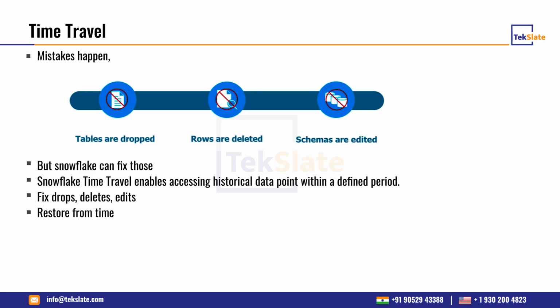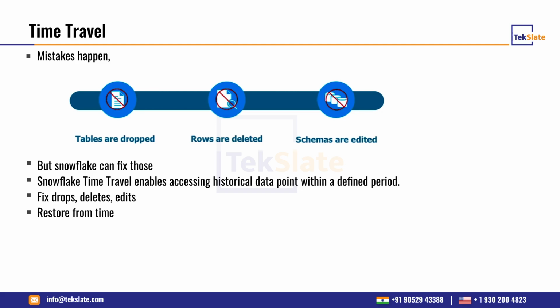One is you can travel back to a particular point in time, and the other option is you can travel back to a particular query result. So, for example, consider a table. I was inserting 10 records, and unfortunately, instead of an update, I wrote a truncate statement. So my table got truncated. So I can travel back to my select statement, and then I can bring back the data.